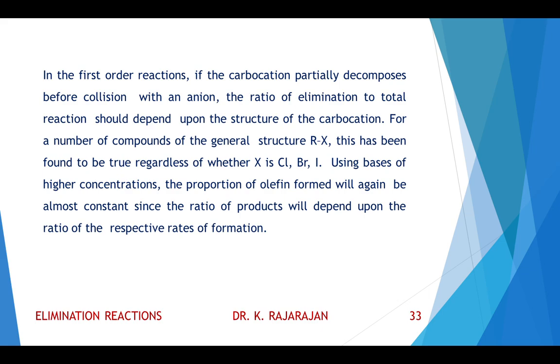For a number of compounds of the general structure RX, this has been found to be true regardless of whether X is chlorine, bromine or iodine. Using bases of higher concentrations, the proportion of olefin formed will again be almost constant, since the ratio of products will depend upon the ratio of the respective rates of formation.